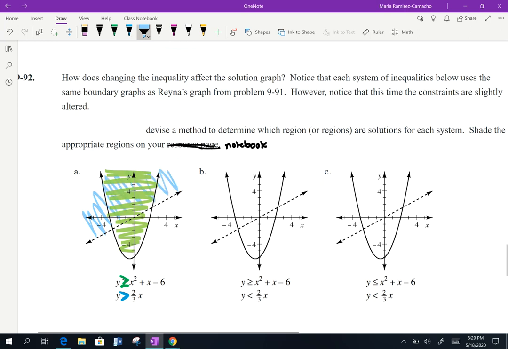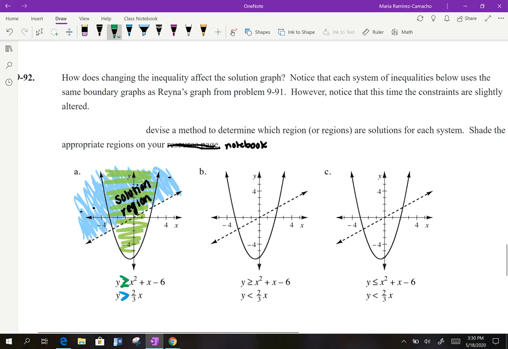Okay. I hope that makes sense, guys. If you have any questions, please send me an email. But yeah, so notice that now, instead of our solution regions being on these corners up here, now our solution region is here, where we have overlap.